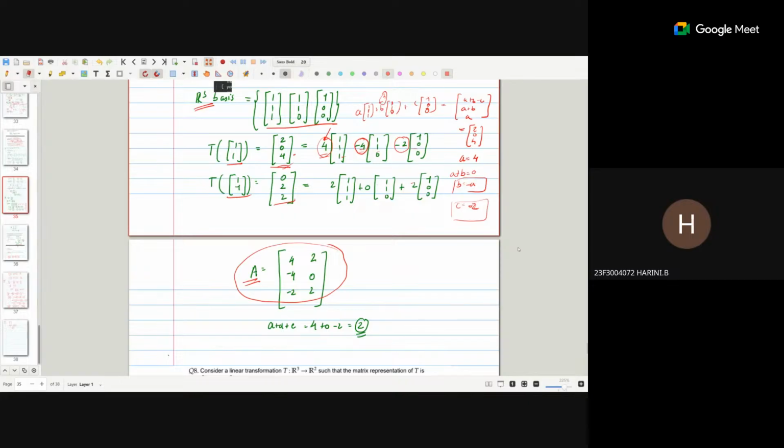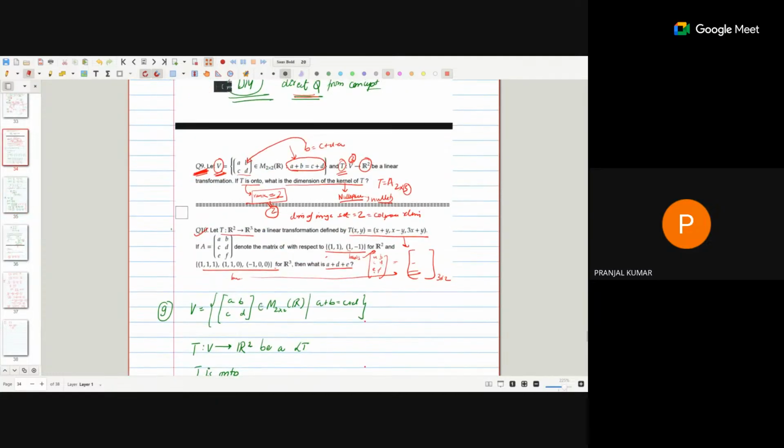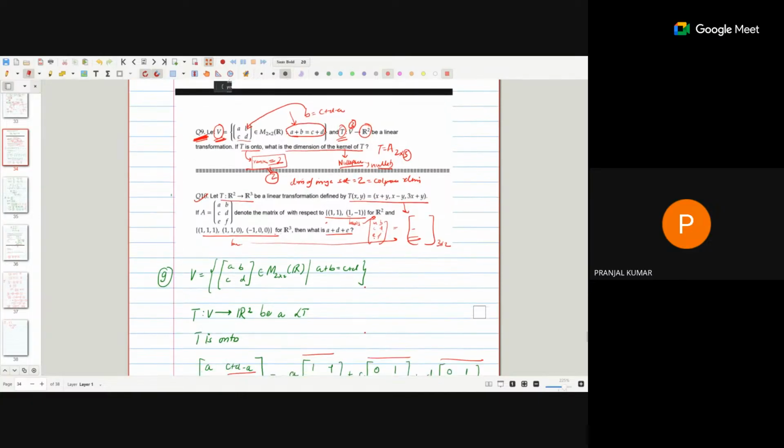Sir, can you show the question once? Okay, this 10th question. See, they have just asked you what is the value of this expression. They are saying the matrix which you will find, you will equate it to this given here.